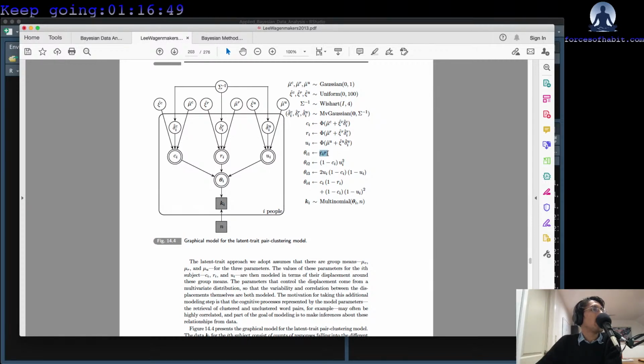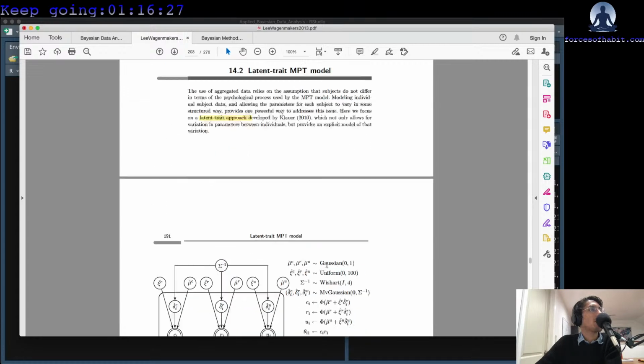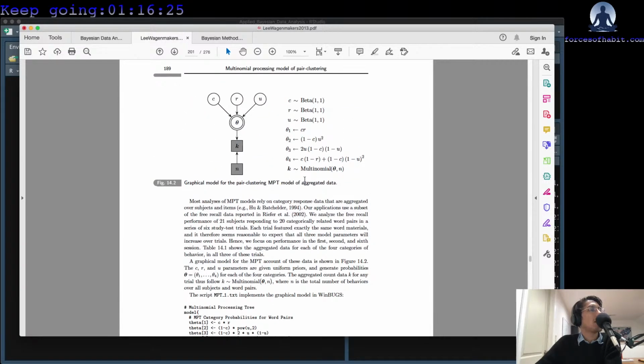Every subject gets each of the 4 parameters, so we're just adding i's to everything here. And lastly, each subject is going to have a k multinomially distributed for that given subject. So every subject's going to get one of these k's.